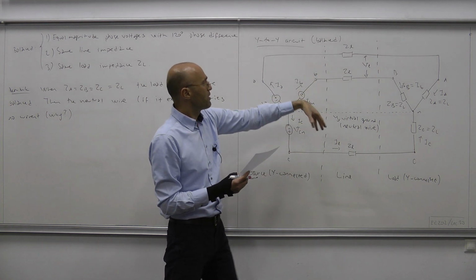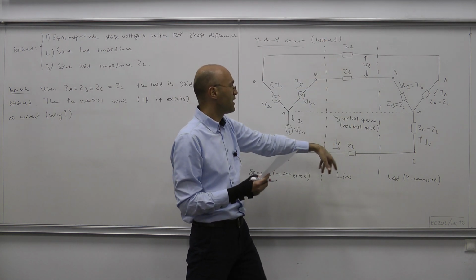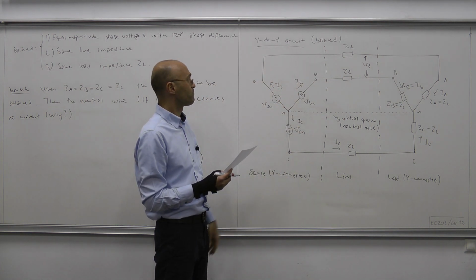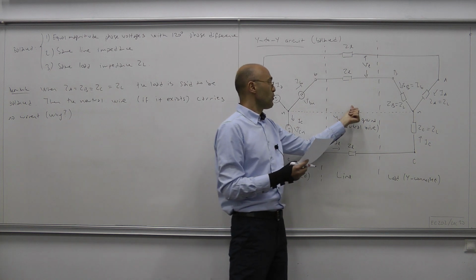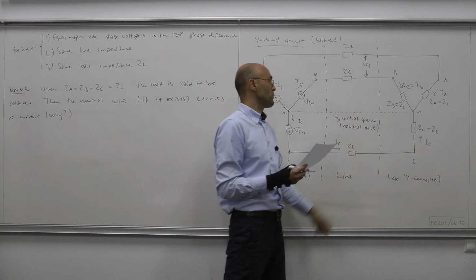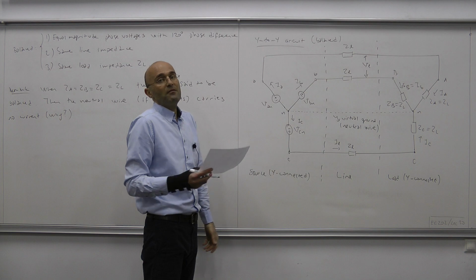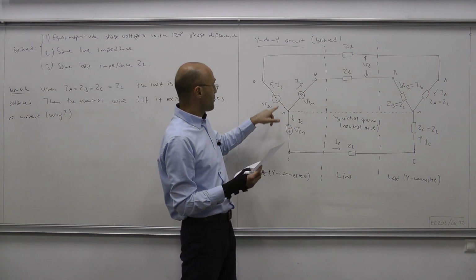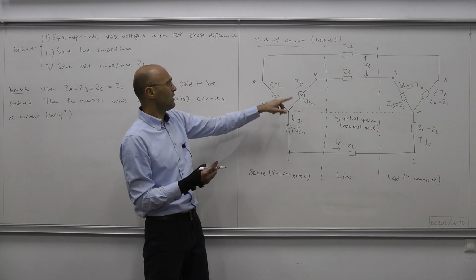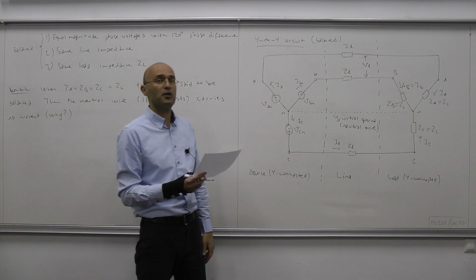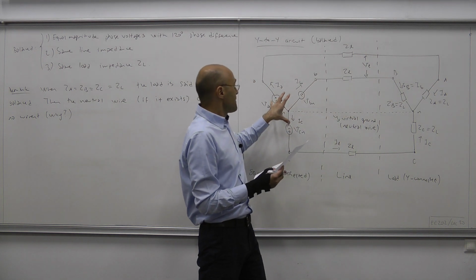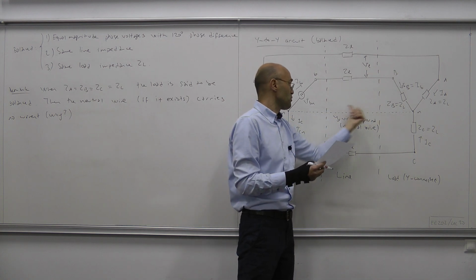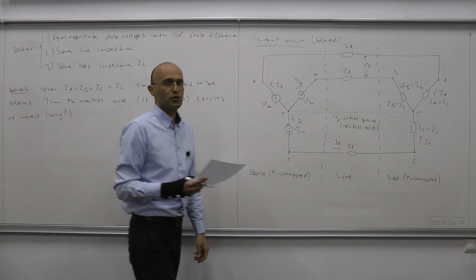Due to symmetry, because all the line impedances are the same, the load impedances are the same, and the magnitudes of the sources are the same, each of those components passing through that wire will have the same magnitude. And since the phase separation between the source voltages is 120 degrees, that property will be inherited by those three currents flowing over the neutral wire.